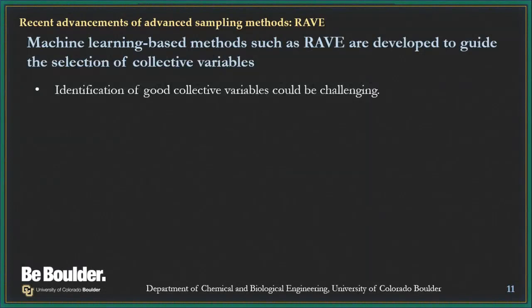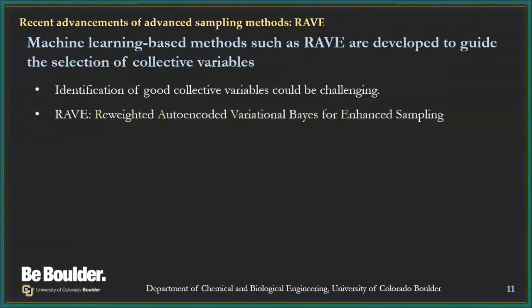To address this issue, researchers have been trying to incorporate the power of deep learning to help select good collective variables. One such application is an algorithm called RAVE, or Reweighted Autoencoded Variational Bayes for Enhanced Sampling. This algorithm is an application of a deep learning algorithm called Variational Autoencoder.